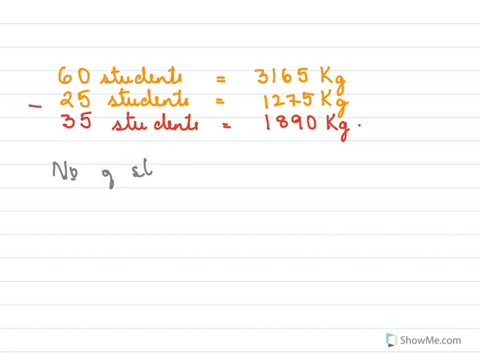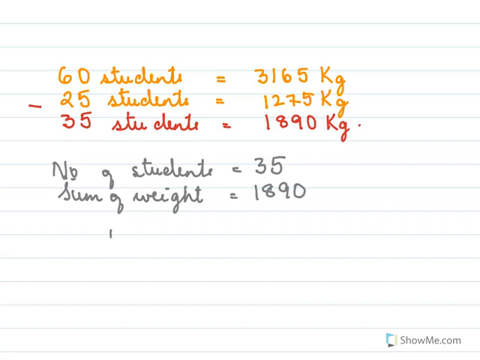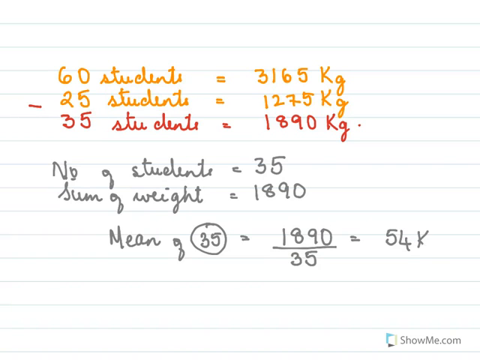The number of students, those are the remaining students, equals 35, and the sum of their weight is 1890. So when we find the mean of 35 students, we take the sum as 1890 over 35, the number of students, and when we divide that we get 54 kg.